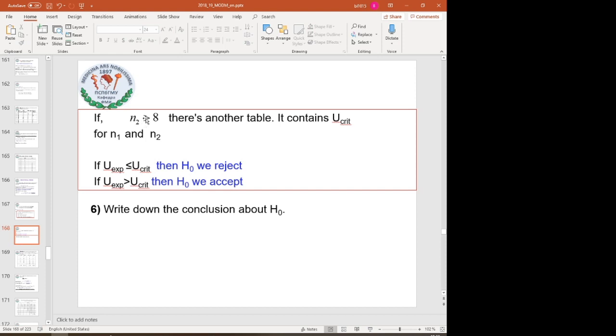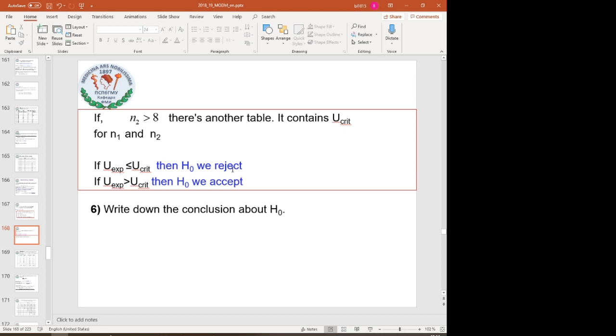If n2, the biggest sample size, is greater than 8, then we will use another table where in the intersection of row and column we have critical values for Mann-Whitney criterion, and we compare our experimental value with critical.